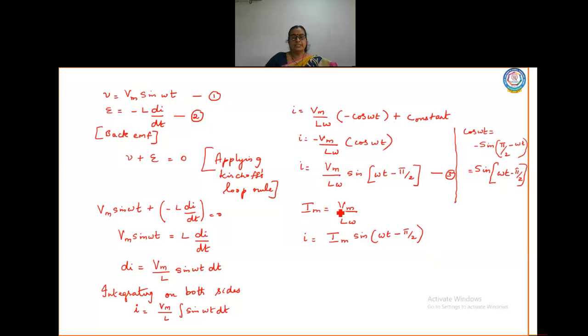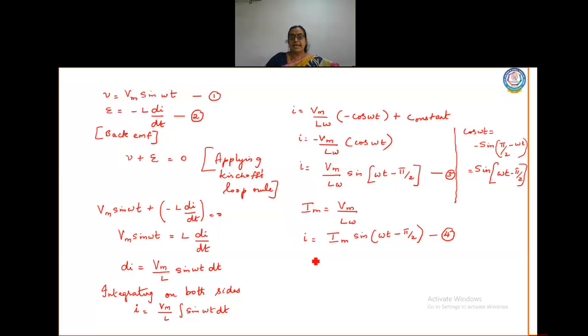So now let us compare these two equations. Let me name this equation as 4. Let us compare the voltage equation and the current equation. The voltage equation is V is equal to Vm sin omega t. The current equation is I is equal to Im sin omega t minus pi by 2. So what do you conclude from this? We can know from this equation that current is lagging behind the voltage.